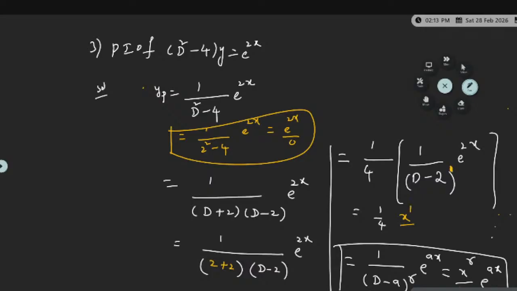So x power 1 by 1 factorial into e power 2x. That's it. That is yp. Now, you may copy that.